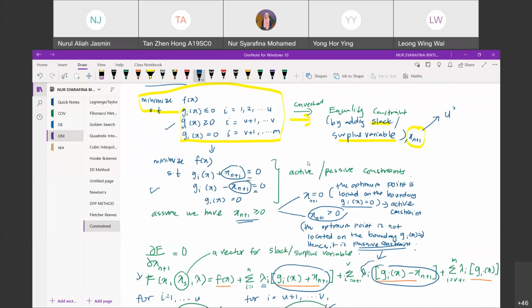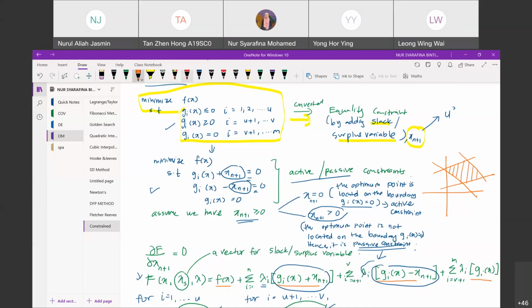And then we are going to consider which constraints are active or passive. If we take a look at the figure, let's say this is the region of the minimization problem.